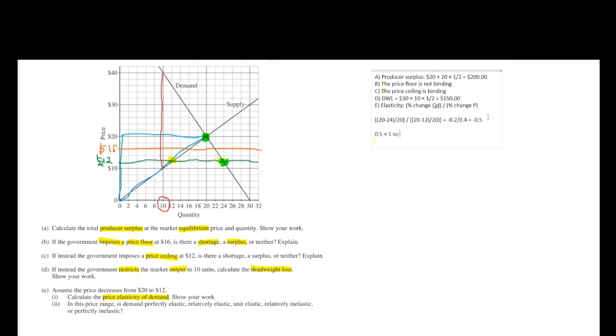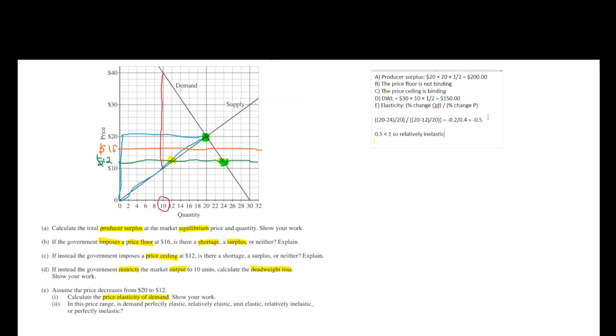When they say relatively, it's just to clarify we're not talking about perfectly elastic or inelastic situations. So a relatively inelastic price elasticity of demand is what we have here.